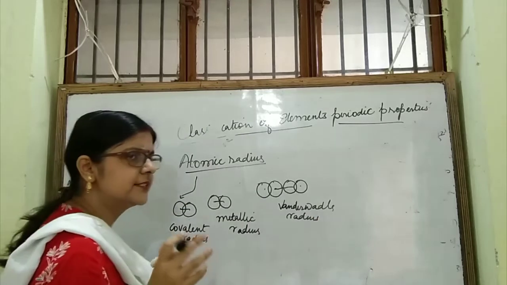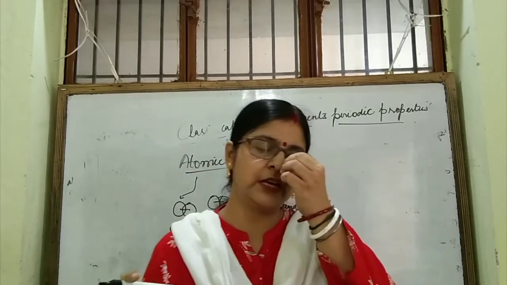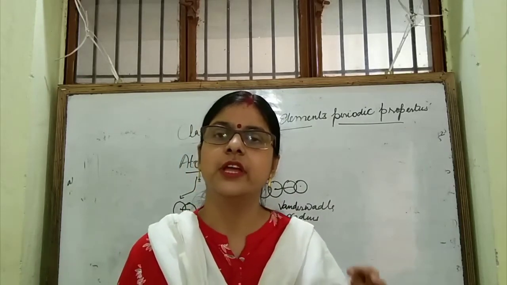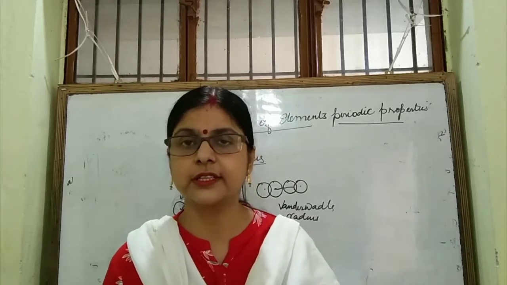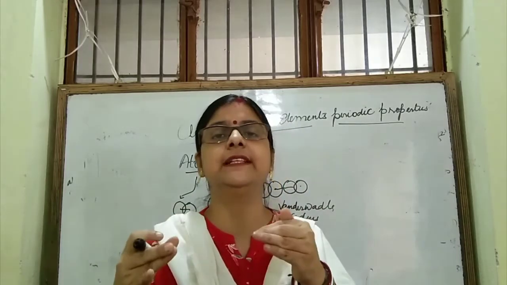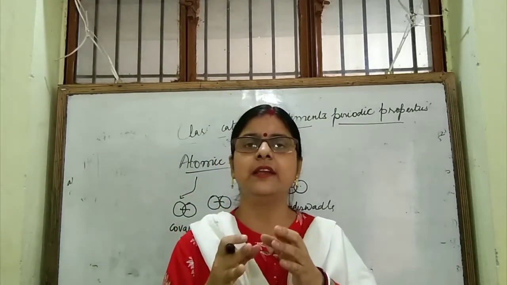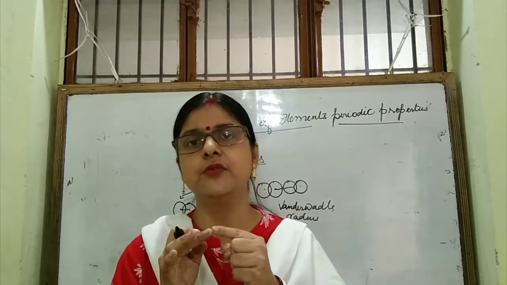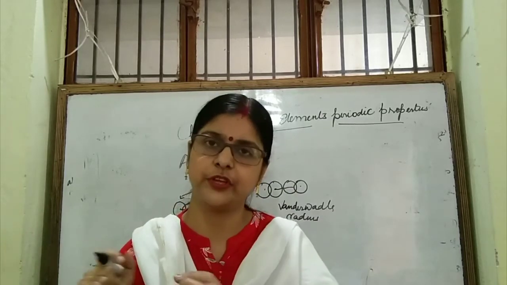See, the size of an atom is very small, so it is very difficult to measure the atomic radius of an individual atom of an element. So what the scientists did, they took the distance between the nuclei of two nearest atoms of an element and divided it by 2 to get the atomic radius.